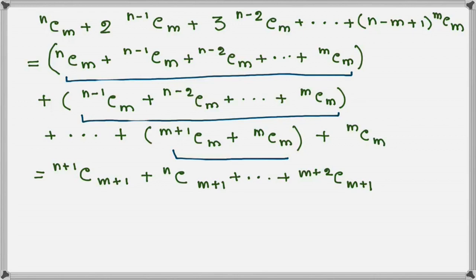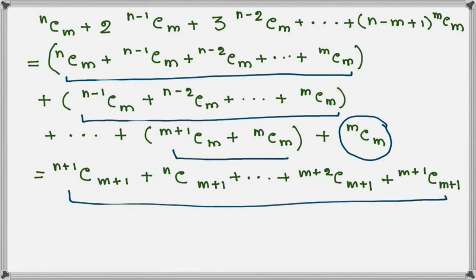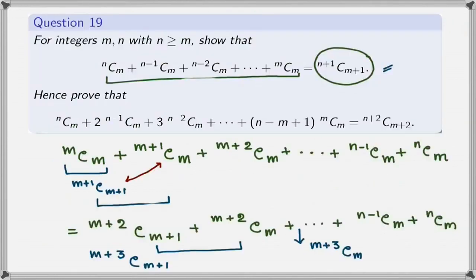And let us write this term mCm as (m plus 1)C(m plus 1). Again, we use the first part of the problem and we obtain this whole expression is equal to (n plus 2)C(m plus 2). And now let us note that this is what we wanted to show. This solves our question number 19.